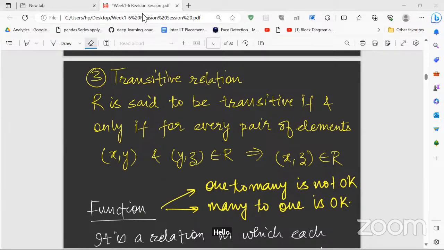One second, I'm just stopping. It's the same document, sir.